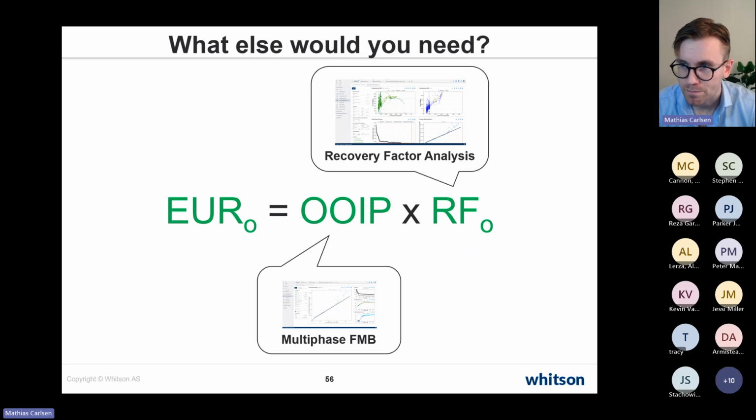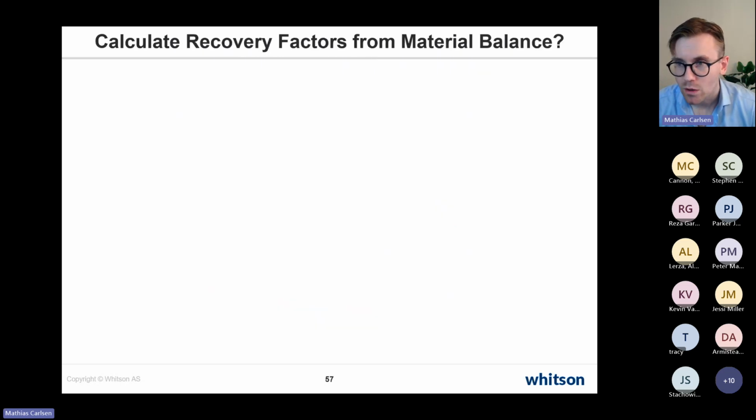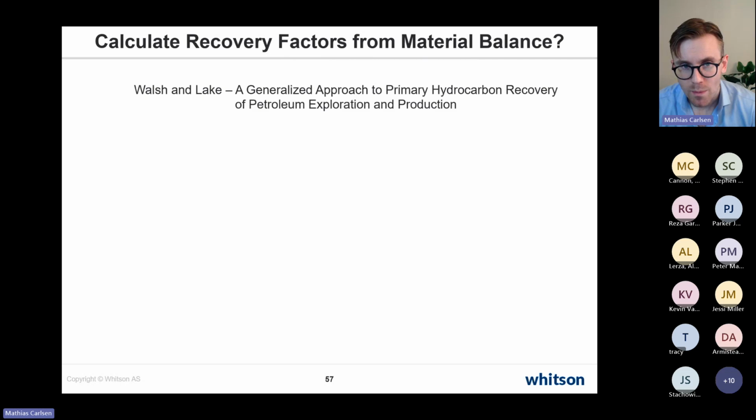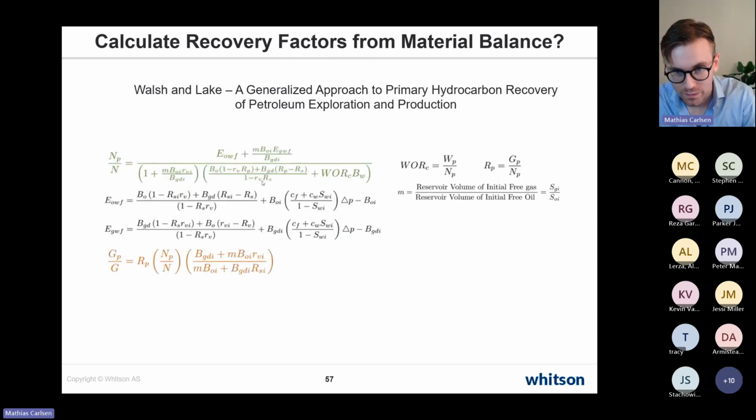It's very, very simple. When we calculate recovery factors from a material balance, we use, I don't know if they came up with it, but at least it's mentioned in their book, and it's the go-to reference on a lot of material balance work: Whitson and Lake's book on a generalized approach to primary hydrocarbon recovery. In that book, you'll find these equations right here.